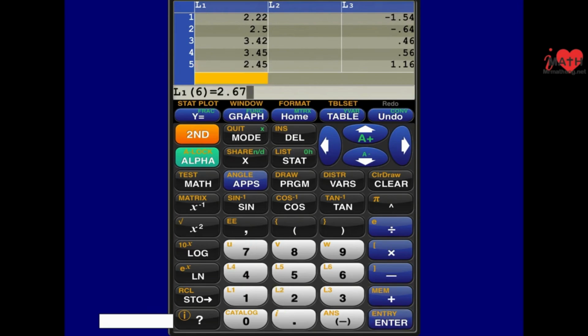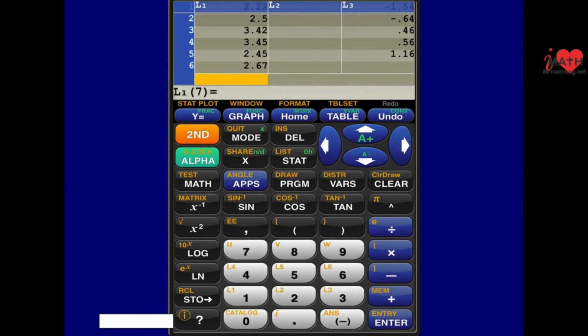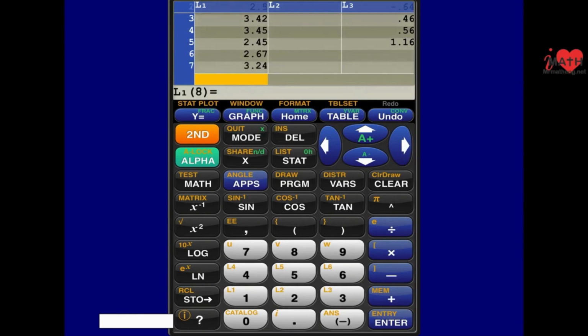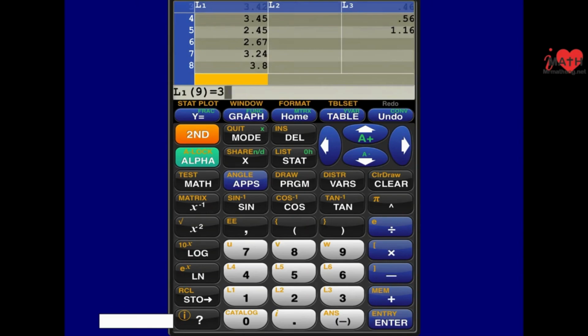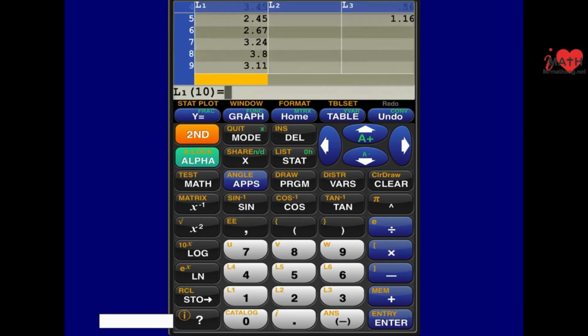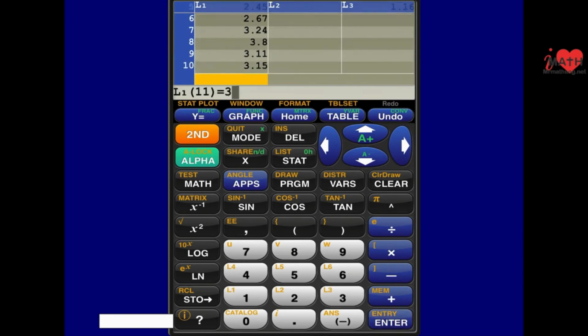It's Christmas and my calculator on my tablet's not working.